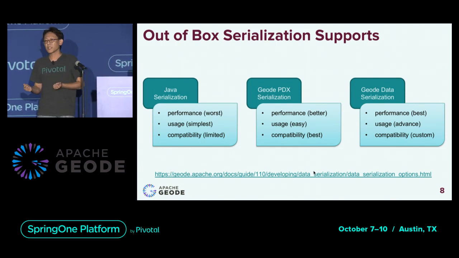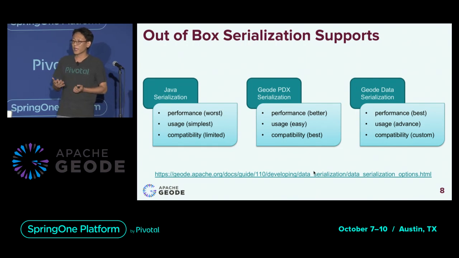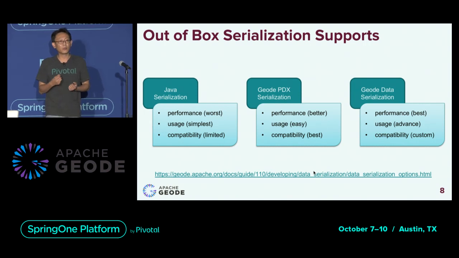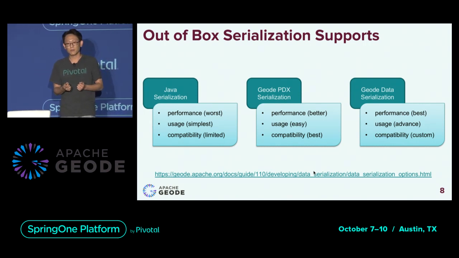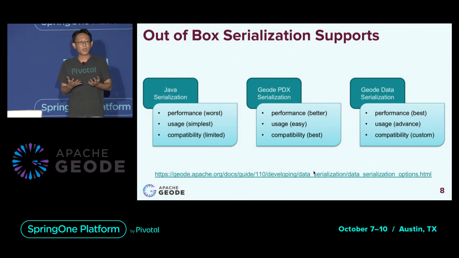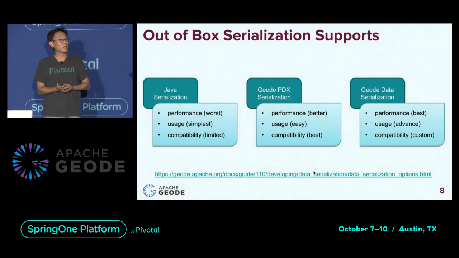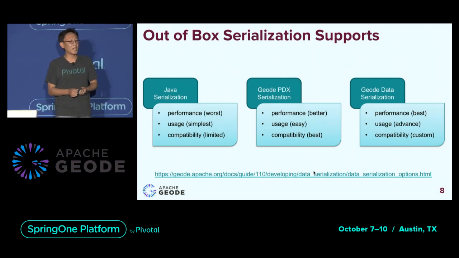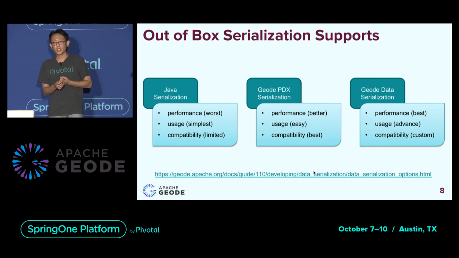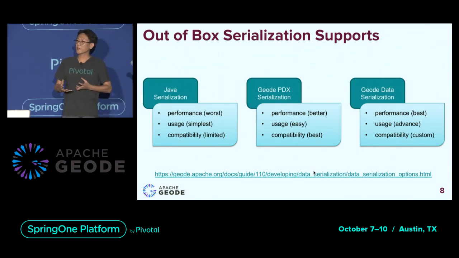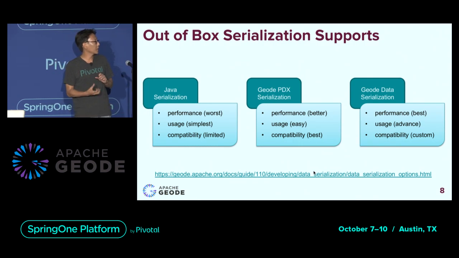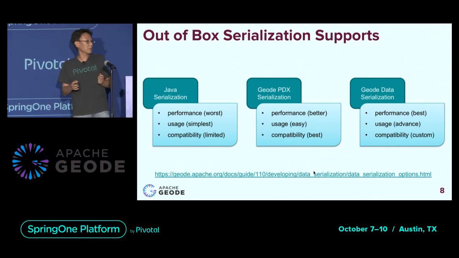Out of all those 3, there are pros and cons for each serialization technique. For Java Serializable, we all know it is actually not the best way of doing serialization, if you have another way you can implement. The reason is, first of all, it has performance issues. Serialization and deserialization can cause a performance concern. Another aspect is usage.